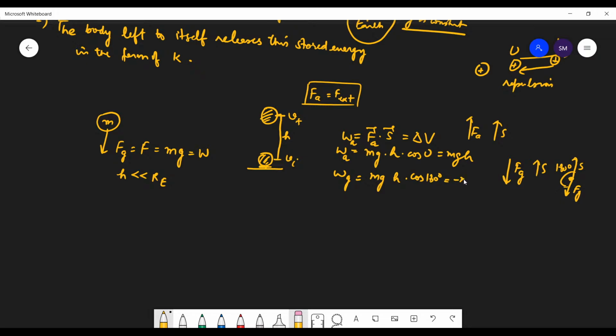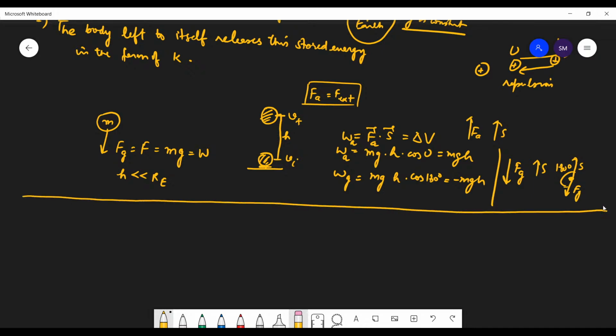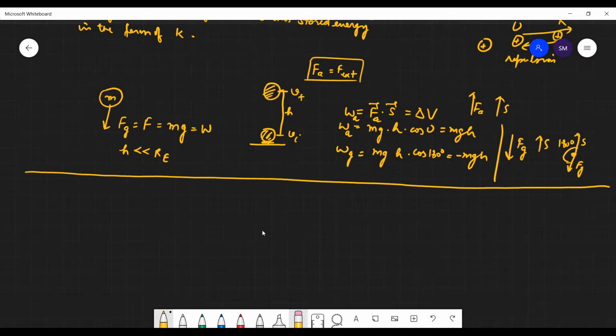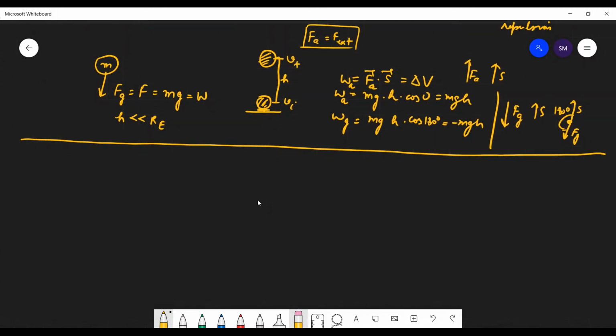That is why the work done by the gravitational force is minus mgh. You need to see this always, students, and we have discussed this case earlier also. These are simple concepts, just logical thinking is involved.